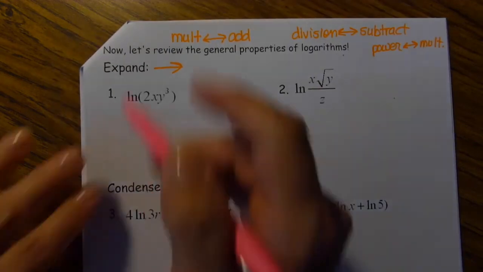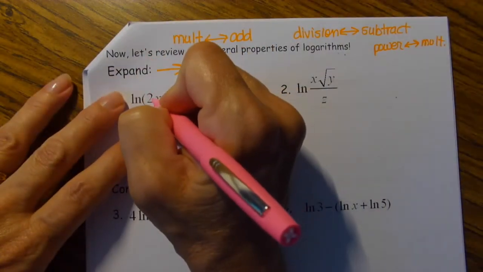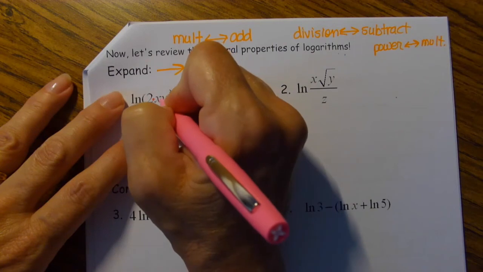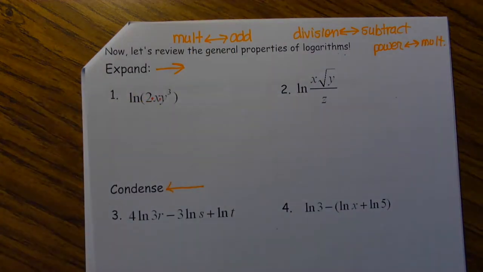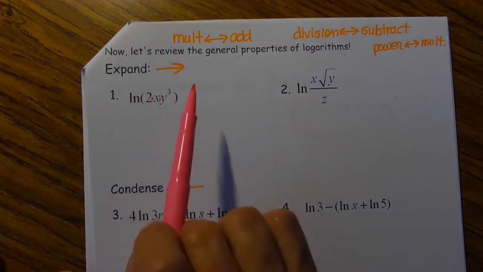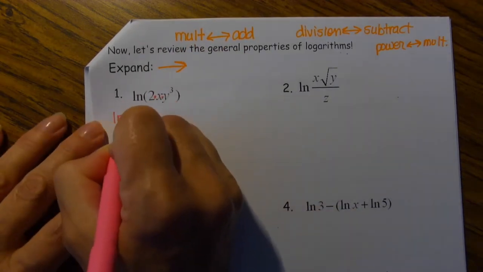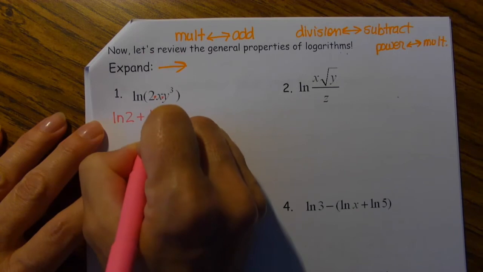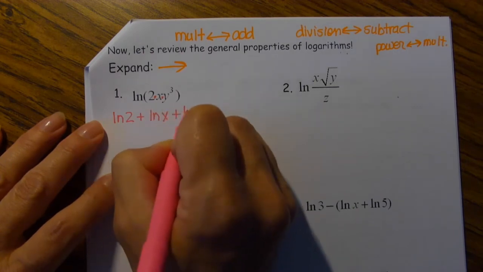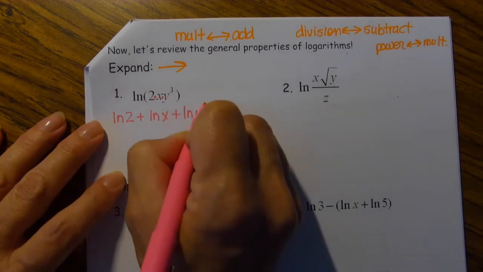Okay, so would you agree that this is multiply because there's nothing there? So you told me multiplication becomes addition. So it's going to be ln 2 plus ln x plus ln y cubed.